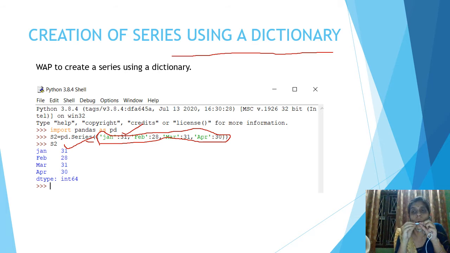It is the most important point of creation of series using a dictionary. Whenever you create a series using a dictionary, then keys of the dictionary become the index for the series. So there is no need to create an index whenever we are creating the series using a dictionary.